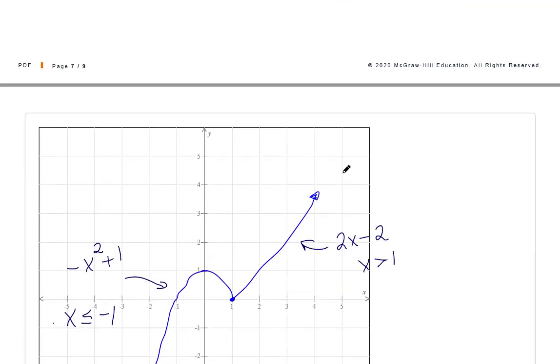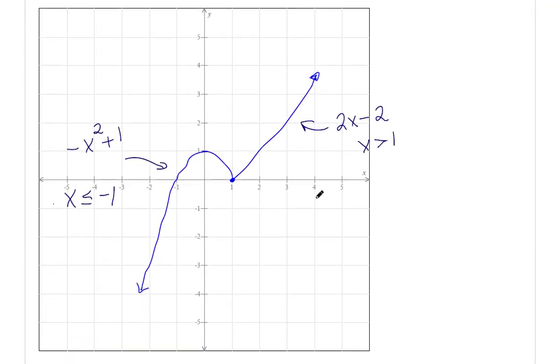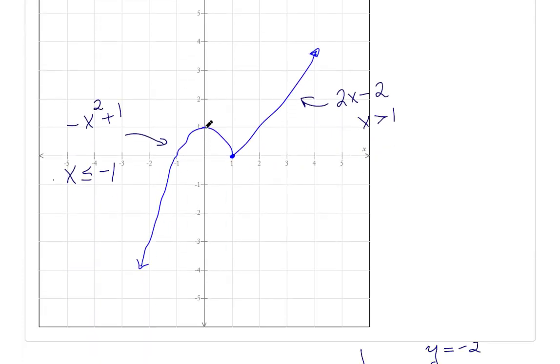Let's see, and there's my graph. Let's see, this was at 1. Here it's crossing here because minus 1 squared is 1. Minus 1 plus 1 is 0. So here's my little parabola flipped over, and here's my line going up, and here's the point where they matched up, and that was at 1, 0.